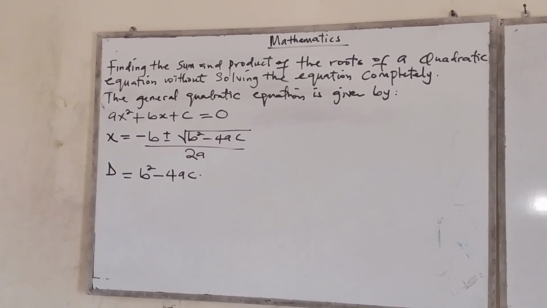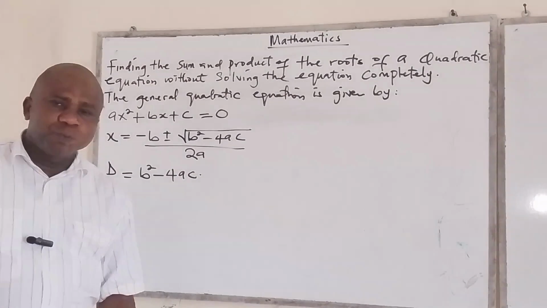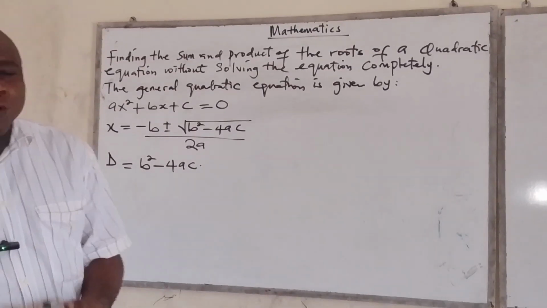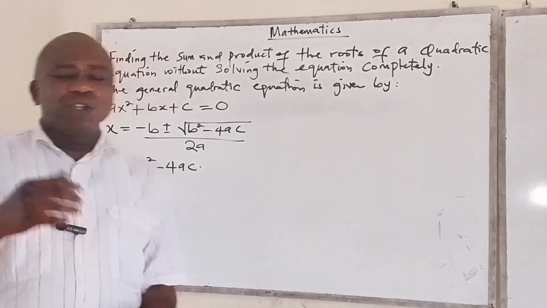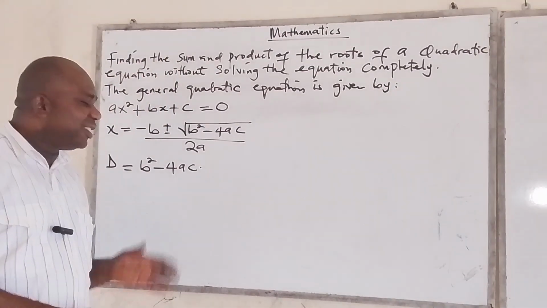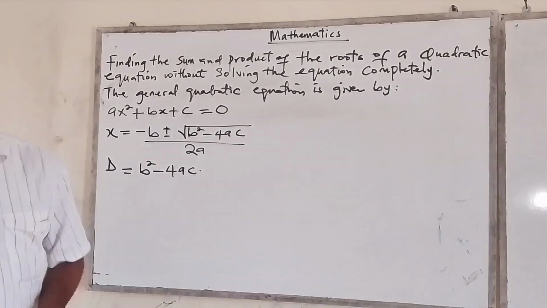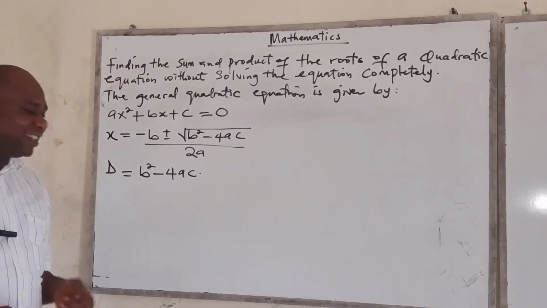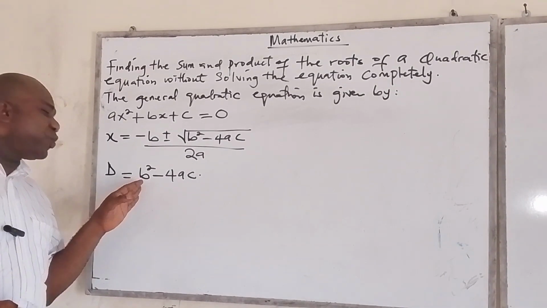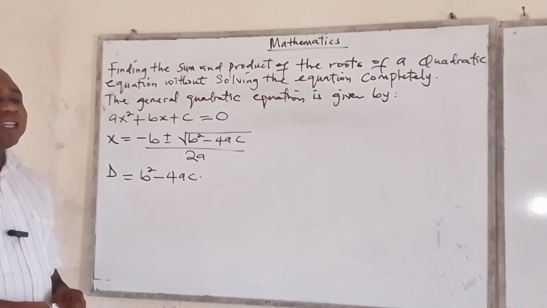Yes, I remember when treating the factorization method, we said before you apply the factorization method, you must ensure that the discriminant is a perfect square. And we did say that the discriminant is equal to b squared minus 4ac.